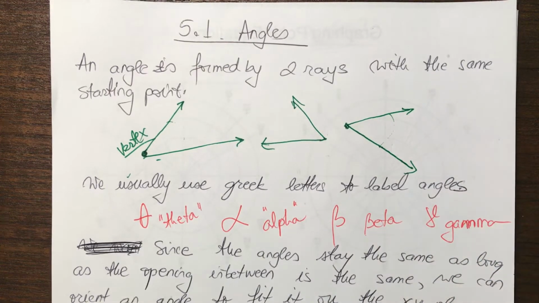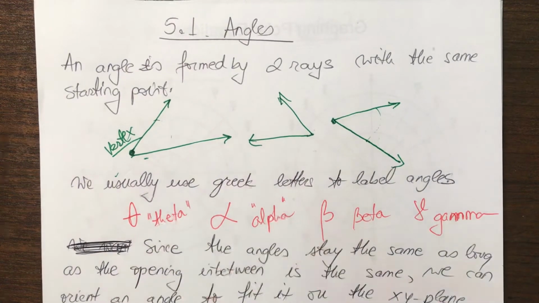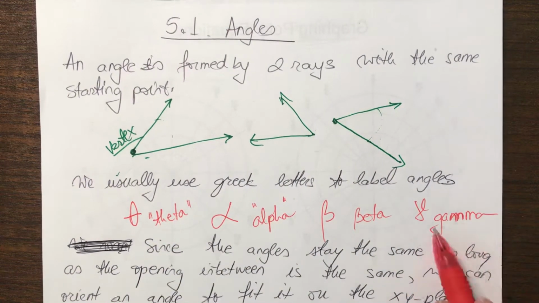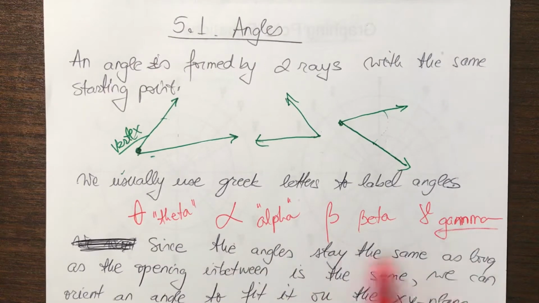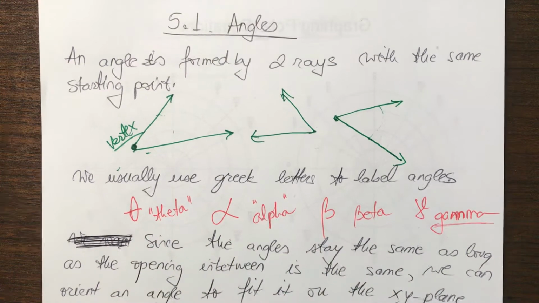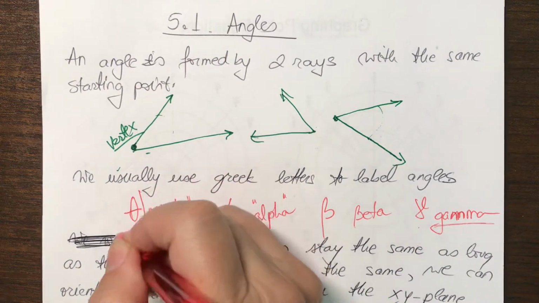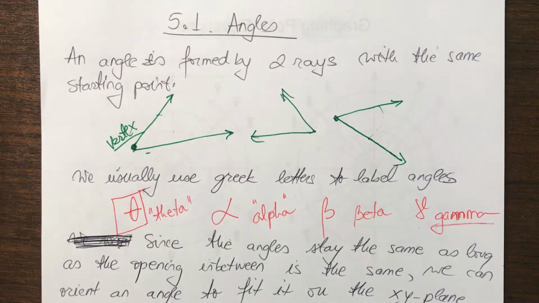I just know how you would spell the Greek letters. But alpha, beta, gamma, that's your A, B, C in Greek. But theta is really the most famous one of all the angles. So many times when we're going to label angles, we're just going to talk about thetas.